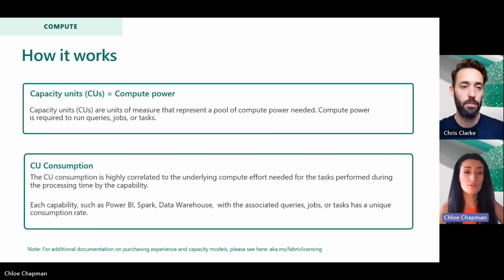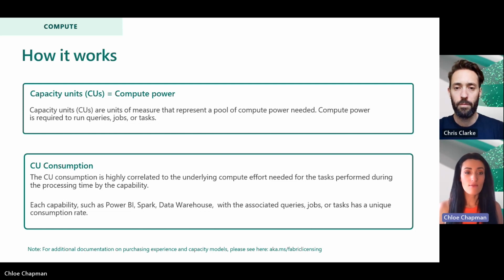So the licensing structure for Fabric is, first of all, a tenant level capacity license, and then also individual user licenses that allow you to work in Microsoft Fabric. Capacity is a set of dedicated resources reserved for exclusive use, and this offers dependable and consistent performance for your content.